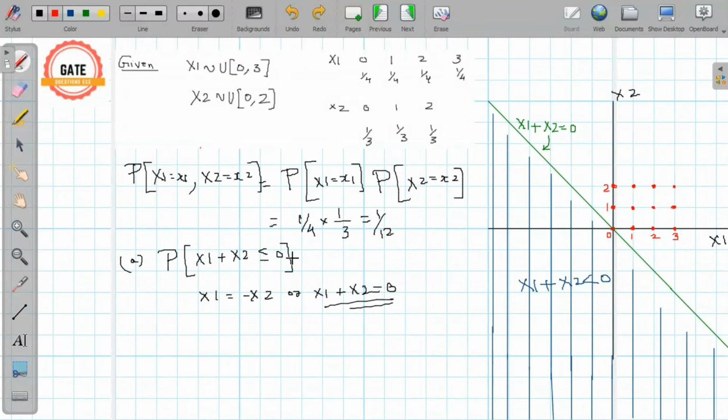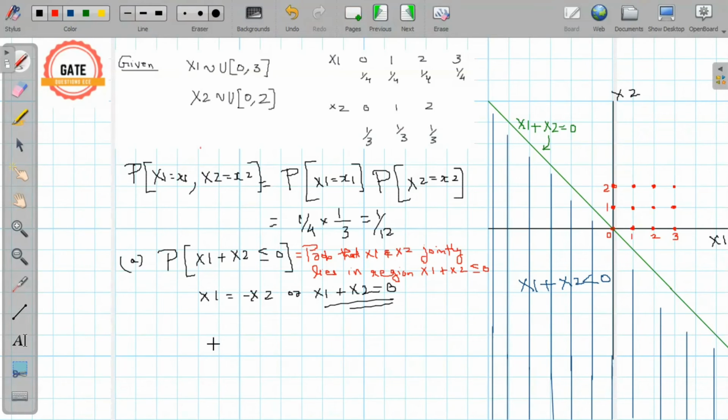So this probability is the probability that x1 and x2 jointly lie in the region x1 plus x2 is less than or equal to 0.